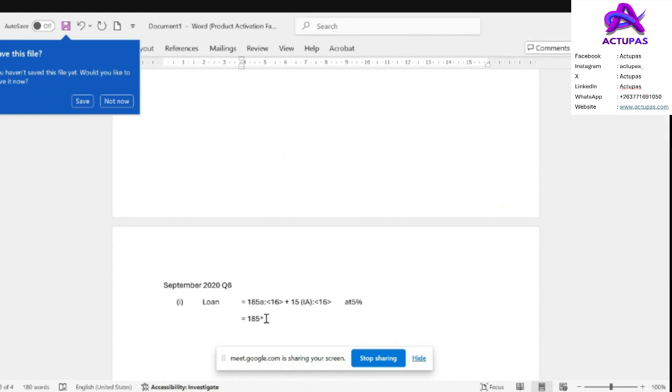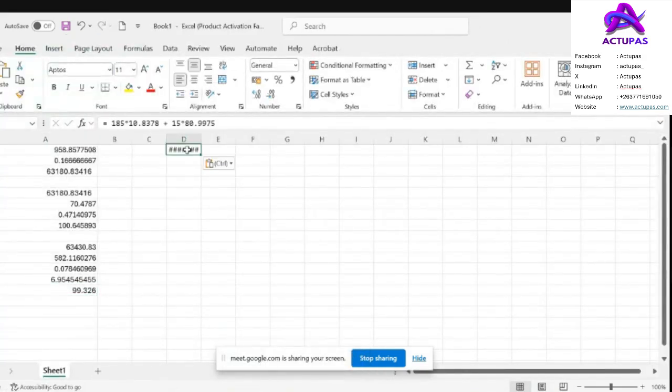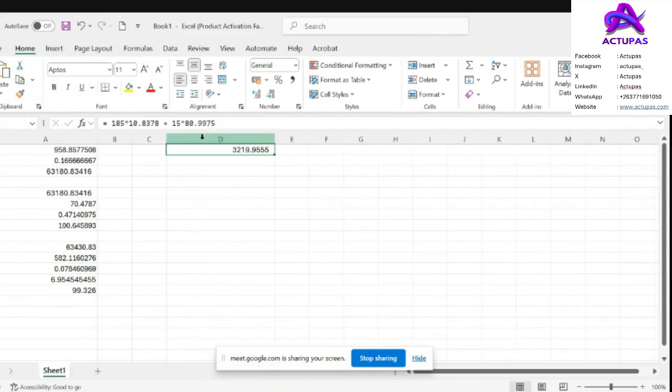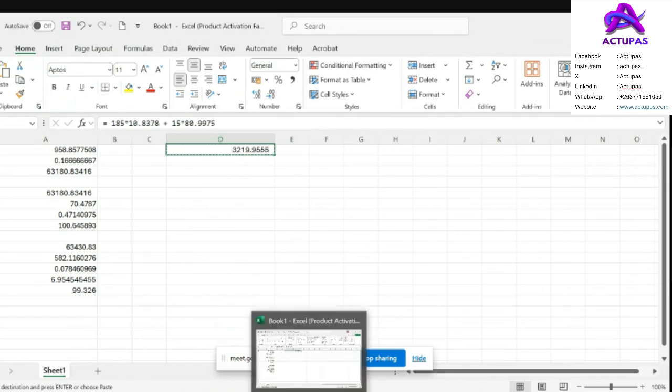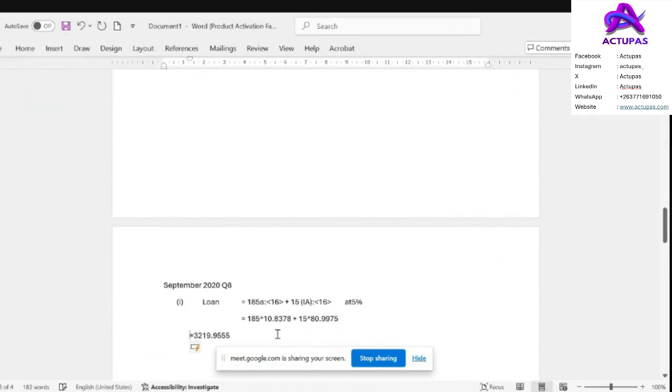So this would be 185 times 10.8378 plus 15 by 80.9975 from the tables, and we copy this and paste it here, and this is our answer, 3219.96. So this is your answer for part 1.